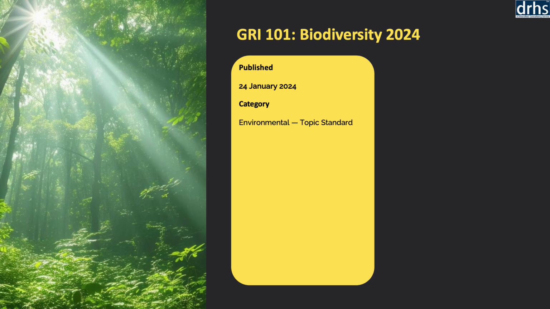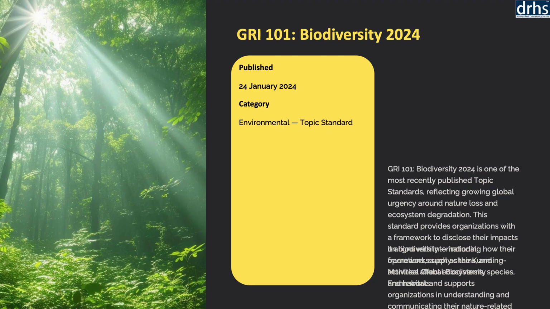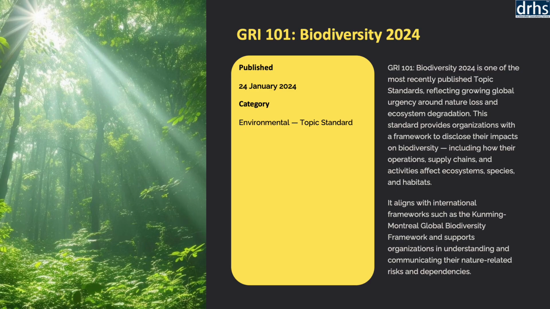This standard responds to the intensifying global imperative to address ecosystem degradation, species loss, and the broader implications of nature-related risks on economic systems. At its essence, GRI 101 establishes a comprehensive and impact-oriented framework that guides organizations in identifying, assessing, and disclosing their interactions with biodiversity.